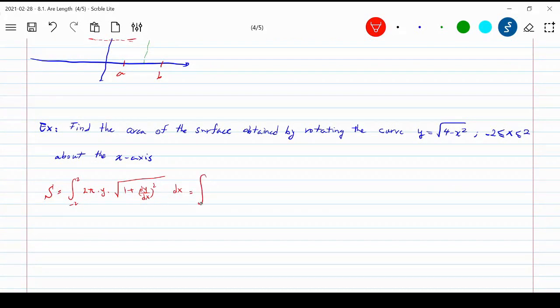So it would be from -2 to 2 of 2 pi times, instead of y, the square root of 4 minus x squared, multiplied by the square root of 1 plus, what is the derivative of y? We just need to figure out dy over dx.